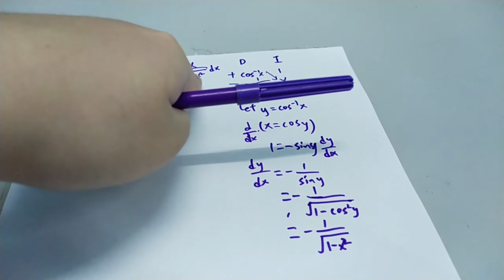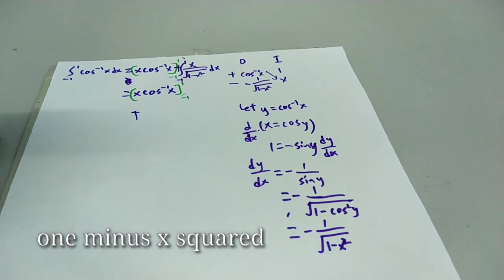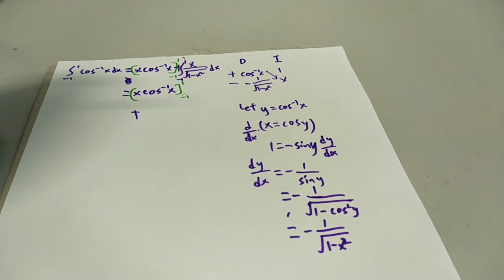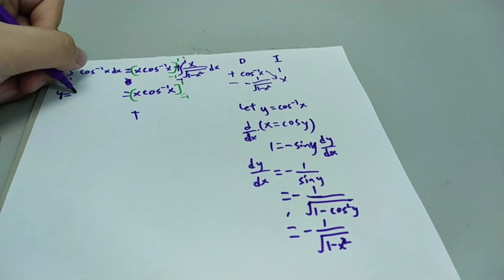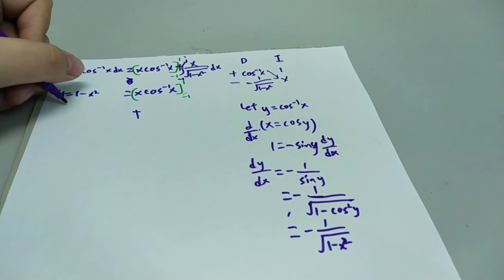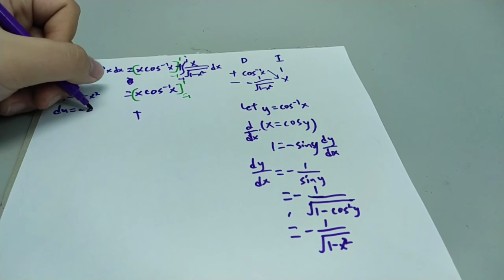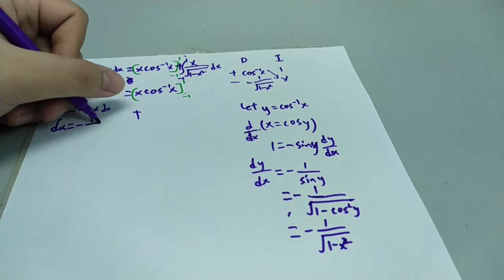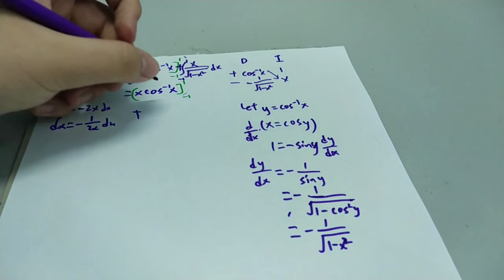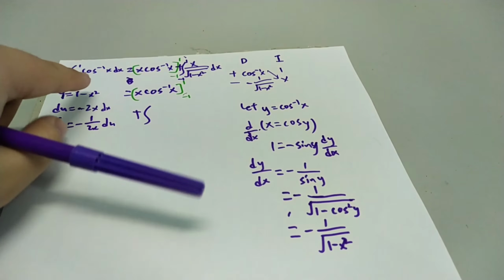Now I will use u substitution. Let u equal 1 minus x square, and then du is equal to negative 2x dx. Then dx is equal to negative 1 over 2x du. So the integral from where to where?